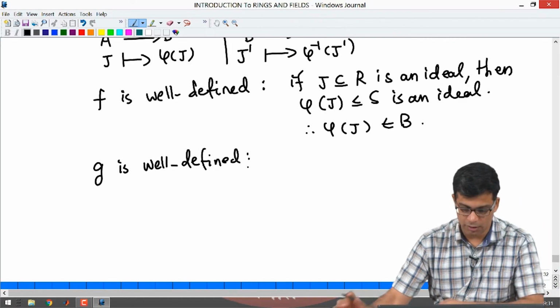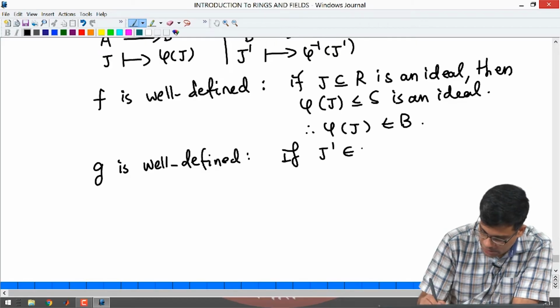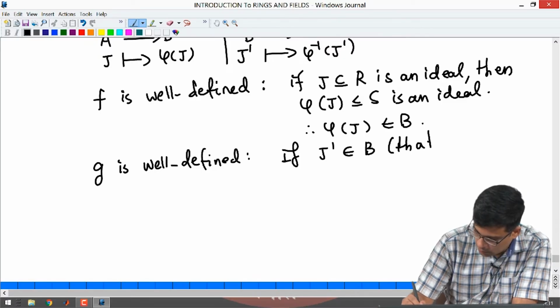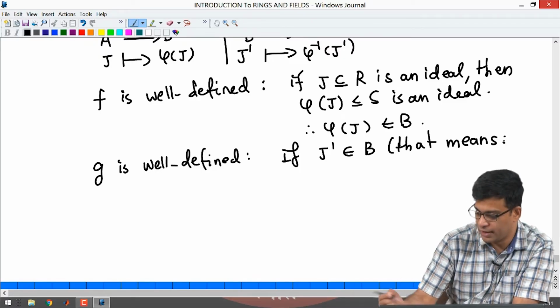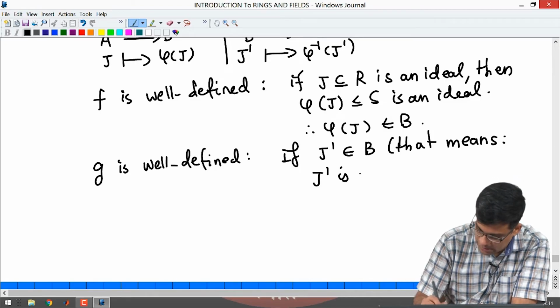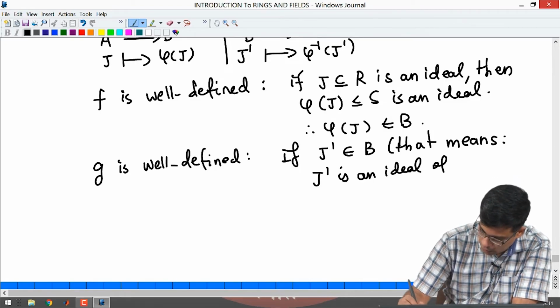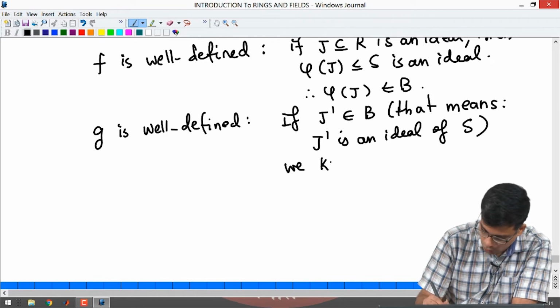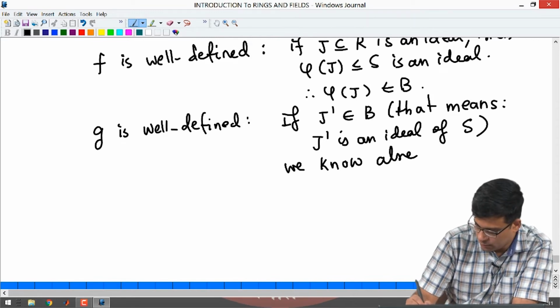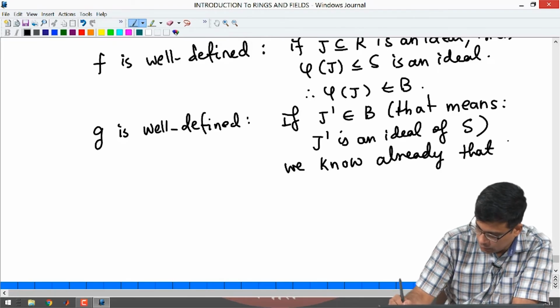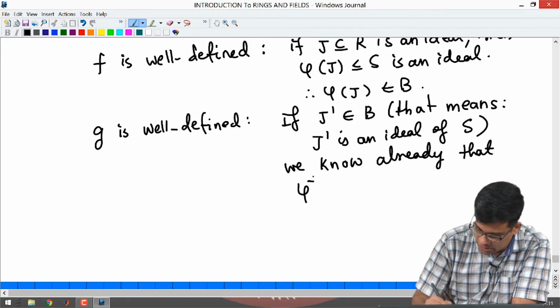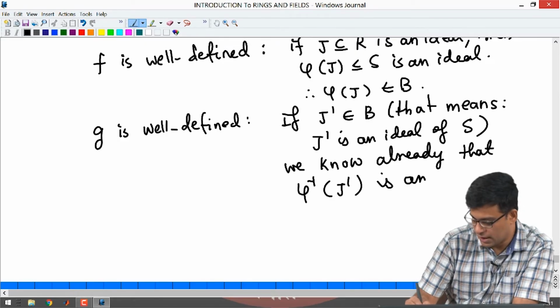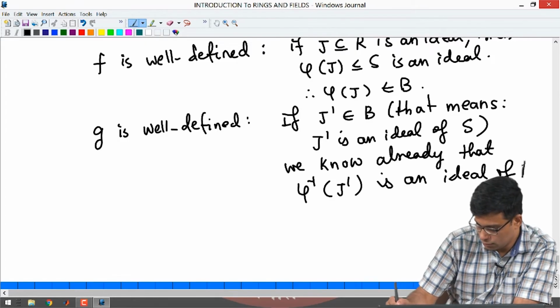To show g is well defined, what we have to show is if J prime is an ideal. So, J prime is in B, let us say, that means, what is B? Remember, B is the set of ideals of S, that means J prime is an ideal of S. We have to show, so okay, I will first write this, we know already that phi inverse of J prime is an ideal of R, right.